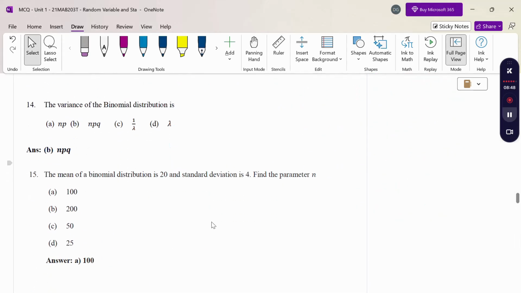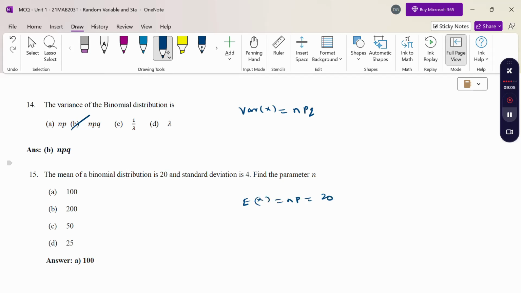And the variance of the binomial distribution, variance of X is npq, option B. Then, the mean of a binomial distribution is given as 20, so E(X) = np = 20. The standard deviation is given as 4.